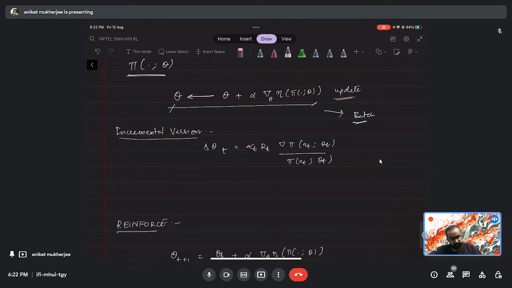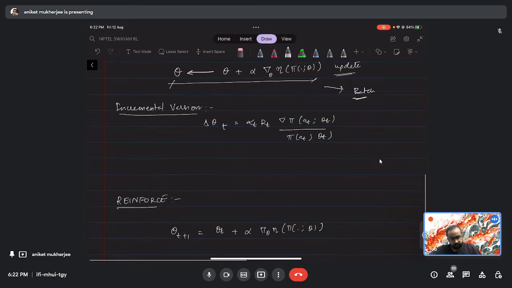And this is what this was. So yeah, now this could be written as theta t is equal to alpha t r t, where grad theta t, how do you get grad theta t? You have theta t plus 1 is equal to theta t plus grad theta t. So grad theta t is effectively theta t plus 1 minus theta t.